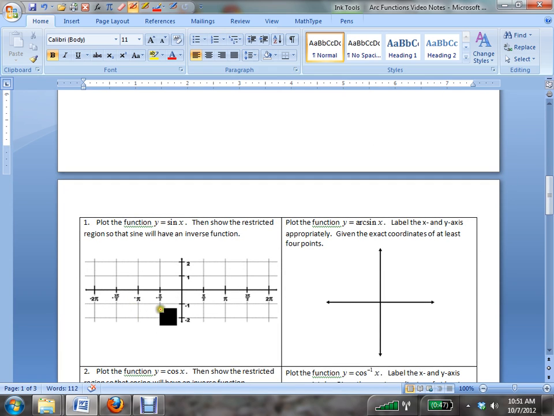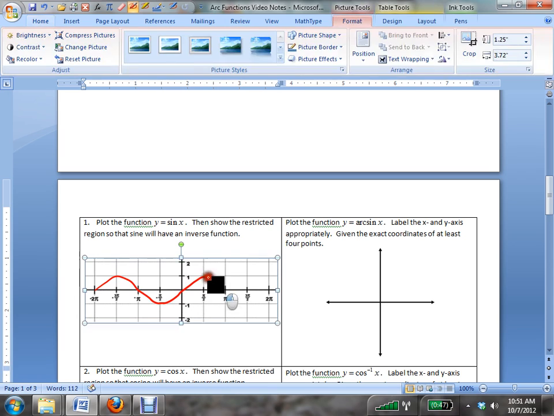First, let's go ahead and graph the basic sine function, which you've learned earlier. Now we're going to restrict the region so that the sine can have an inverse function.